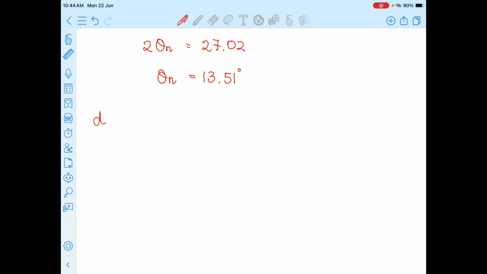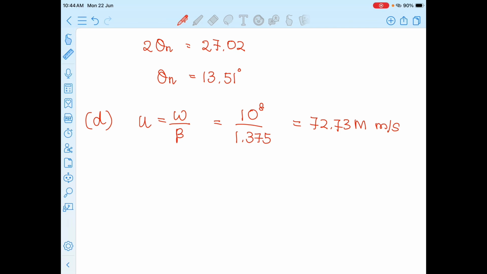So v is equal to omega over beta. The omega has been given and the beta is 1.375, and the value is 72.73 mega meter per second. So this is the wave velocity.